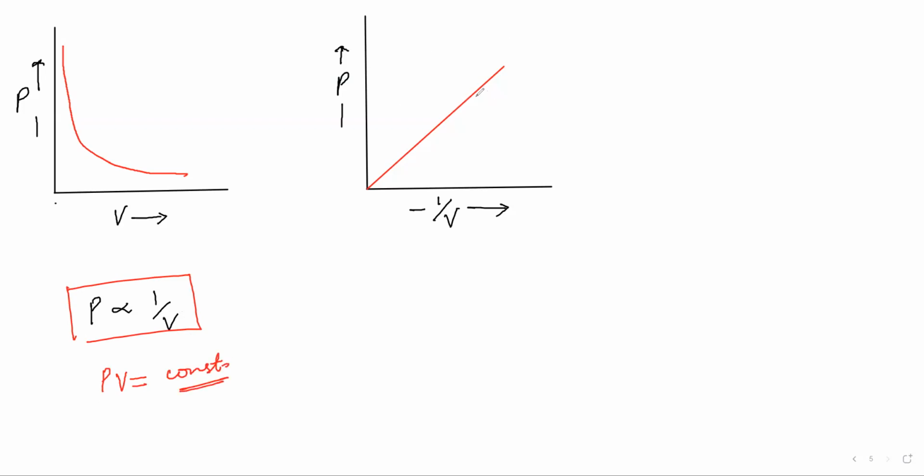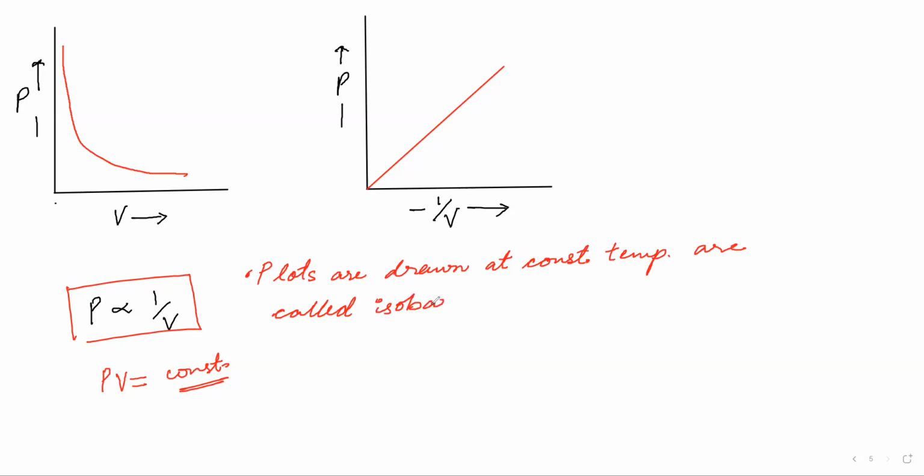And if I say that I am drawing this particular graph, all the plots drawn at constant temperature are called isobar, correct?